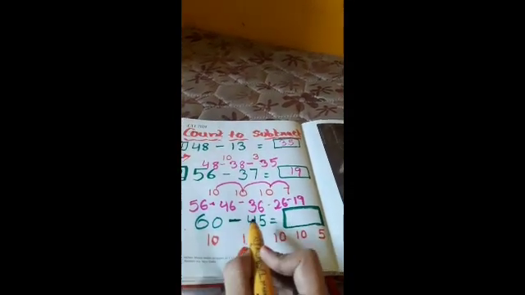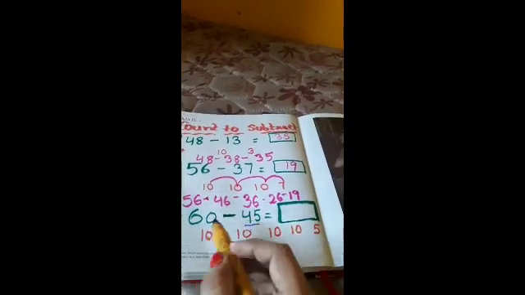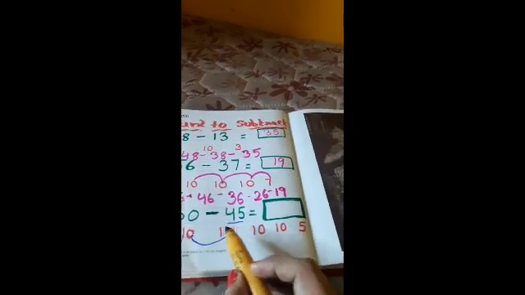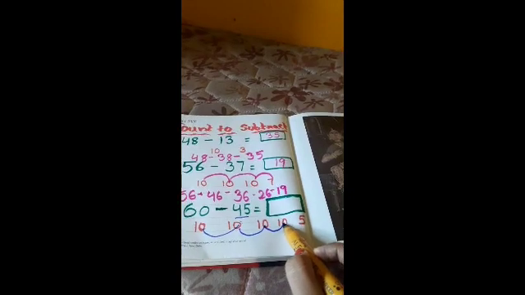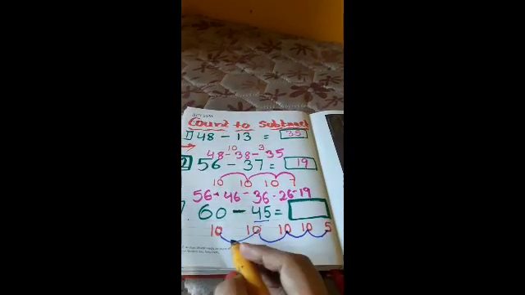60 minus 45. So minus 45. How will we write it? 10, 20, 30, 40, 45. Right? Minus means we will do backward counting.